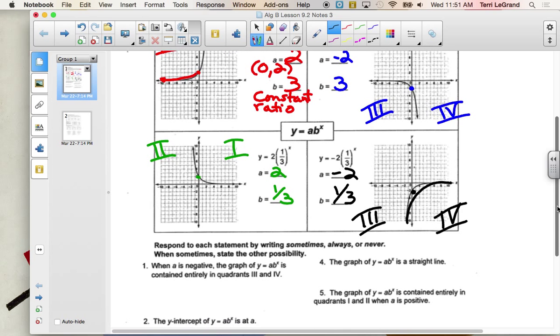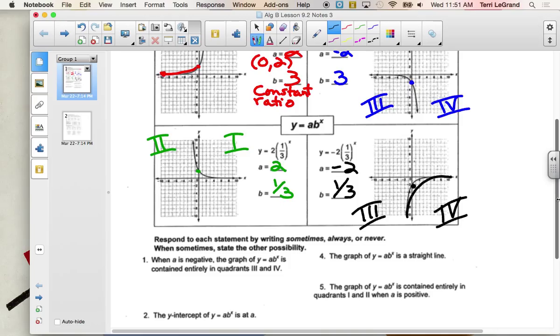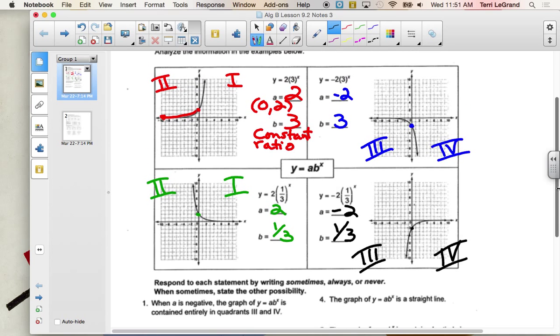So let's use the way the graphs are working here. Let's write down off to the side of the graph what's actually going on here. So I'm going to go back up to here, and on this graph, what are we going to say? It's rising from left to right.